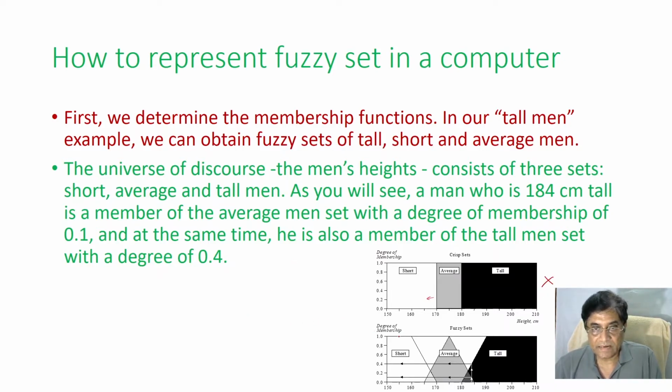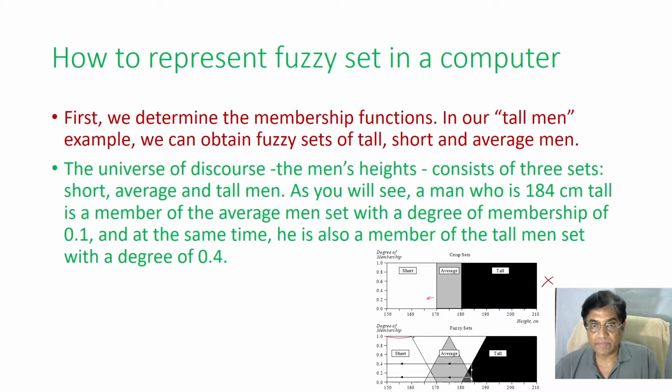On the other hand, you see fuzzy, I have membership function like trapezoidal, which is describing short. Then I have defined another membership function triangular, which is describing average, okay, and another membership function which characterizes tall. So these are the creation of experts, okay.